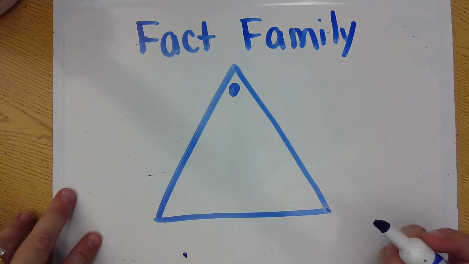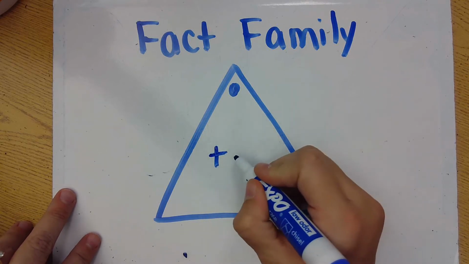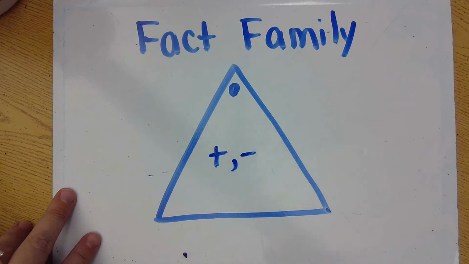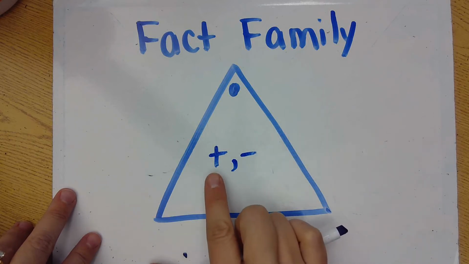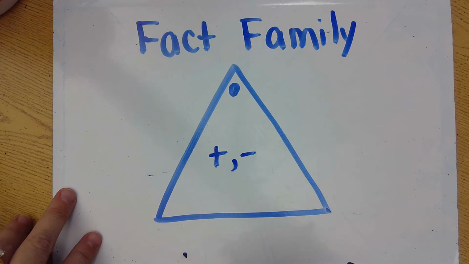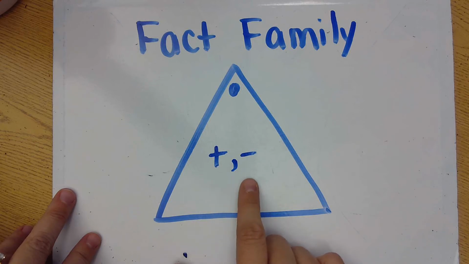The particular type of fact family that we are going to look at can either be used with adding or subtracting. So when we look at a fact triangle, we're always going to see a plus sign and a minus sign. When you get into some later grades, you may even use fact triangles with multiplication and division.